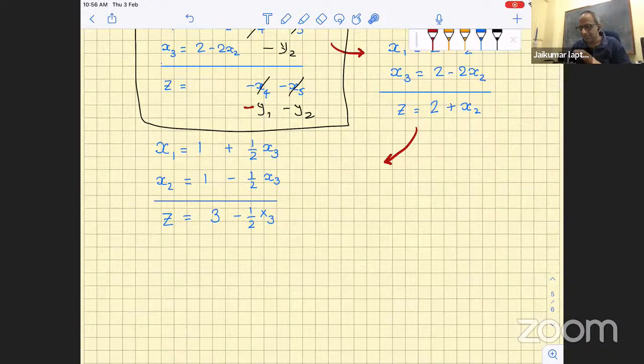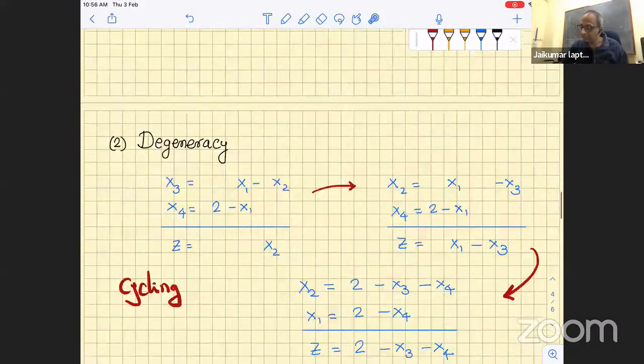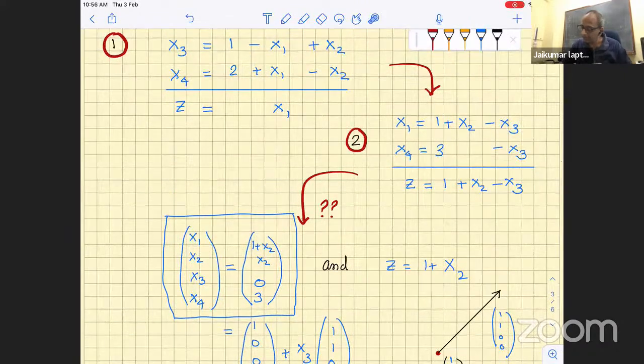Now, this looks like a mechanical procedure. Once we prove Bland's rule, then we have sort of in our pocket a statement of the following kind. That is, any LP at the end of the simplex is either going to tell us that things are unbounded, and the witness to unboundedness will be that there will be a variable here which has a non-negative coefficient, and we are at liberty to increase it indefinitely.